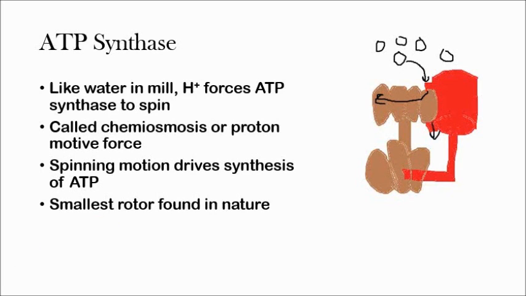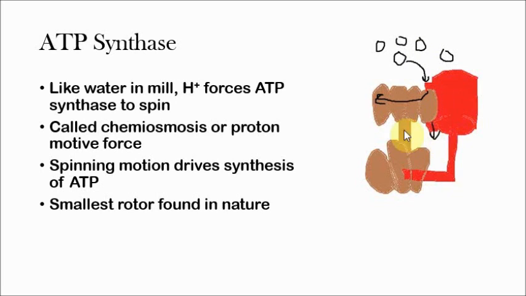Now, like I said, this next step will actually use the energy from that separation of hydrogen ions in order to produce ATP. So what you have is this big multi-protein complex called ATP synthase. And you can see that there's a bunch of different proteins, and each one actually plays its own role. But as a whole, what will happen is these hydrogen ions will actually diffuse across the membrane.